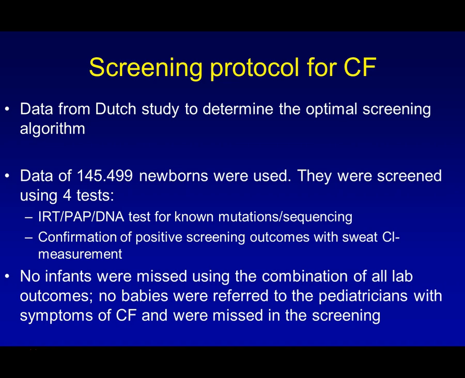It's the IRT, it's the PAP, it's a DNA test for known mutation, and sequencing. All positive screening outcomes of all the 4 tests were confirmed with sweat chloride measurements to determine whether there was real CF. During the study, no infants were missed using the combination of all lab outcomes. No babies were referred to the pediatricians with symptoms of CF and were thus missed in the screening.